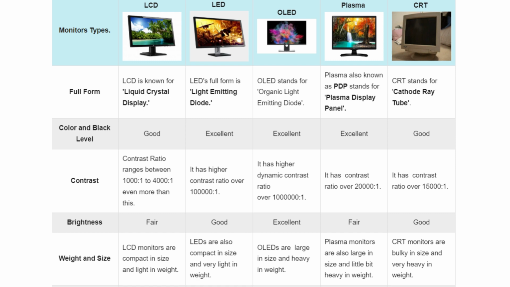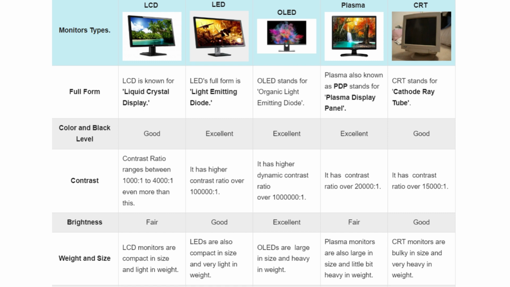Here you will see a comparison of different monitor technologies, the five types that we mentioned in the previous screen. This is not mentioned in your syllabus, but still it's good to know for your ICT knowledge. So just go through this. Out of these five types, the last two columns, plasma and CRT, are sort of obsolete now, and LED and OLED are trending due to their picture quality and better technologies.